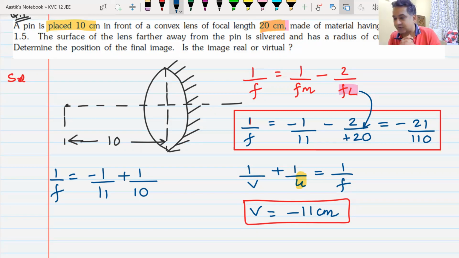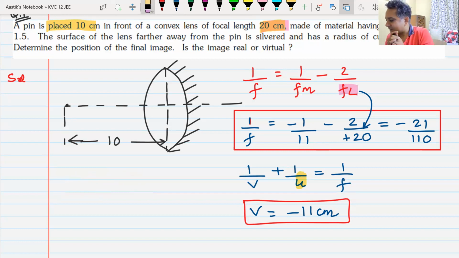I took the focal length as negative. That is a mistake. This negative sign got me confused. I had taken the focal length as positive, and that is why my answer was not coming. Now it is correct.